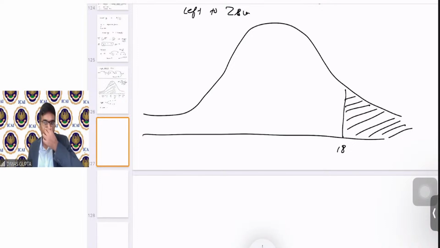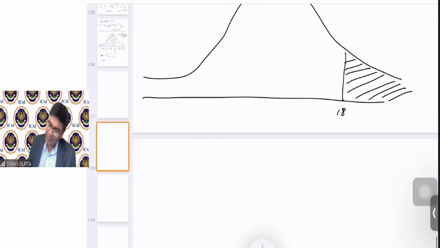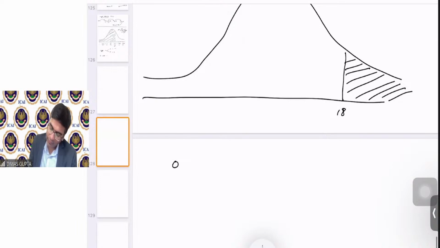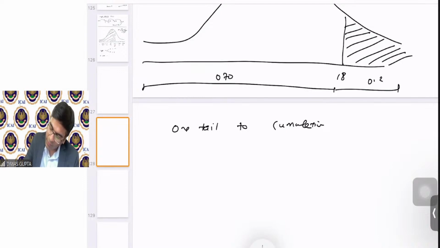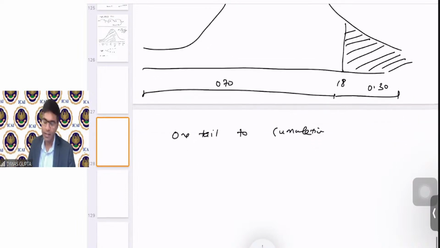So in that case, for arriving from one tail to cumulative, let's say this one tail number is given as 0.30, and the other is 0.70. What is the total probability? It is always 1, right? So if one tail is 0.30, the cumulative from left to 18 will be 0.70.